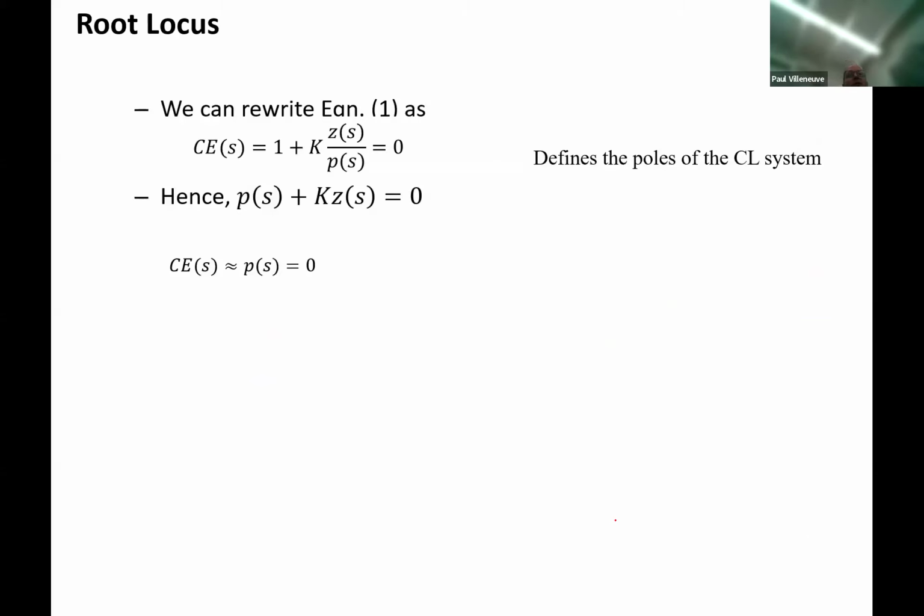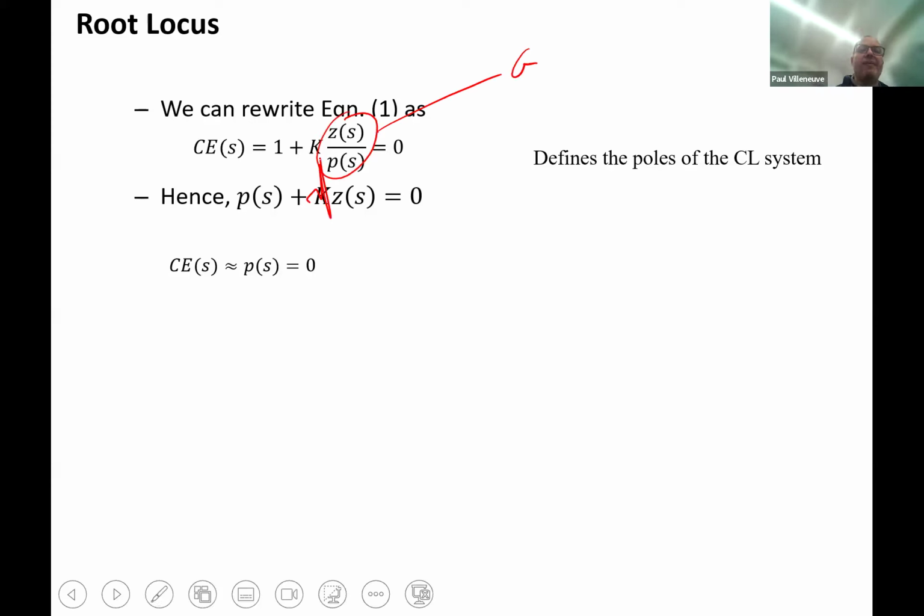All right, so let's rewrite that equation to start by looking at our poles and our zeros. In our characteristic equation, we have an open loop transfer function, G. So this here is G. And inside of G, we have poles and zeros. We're going to express that as a numerator and a denominator.